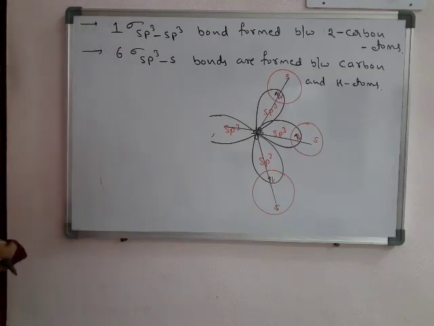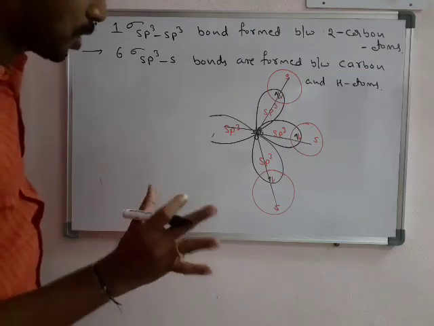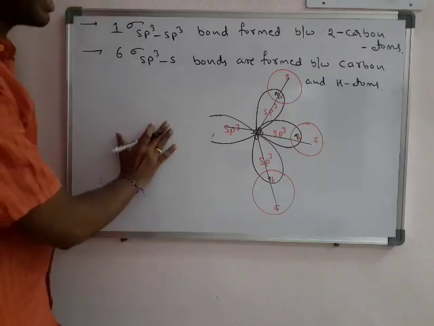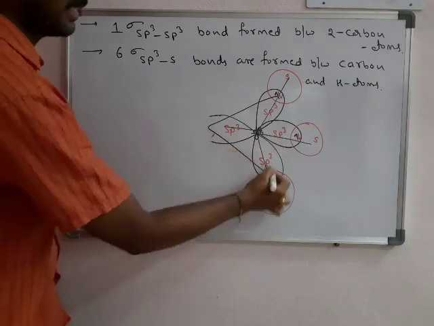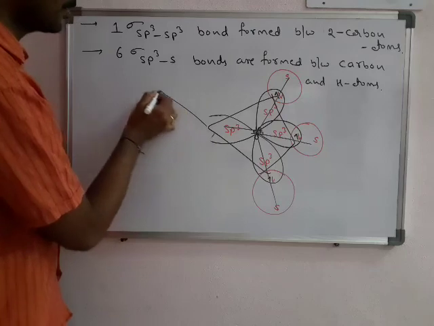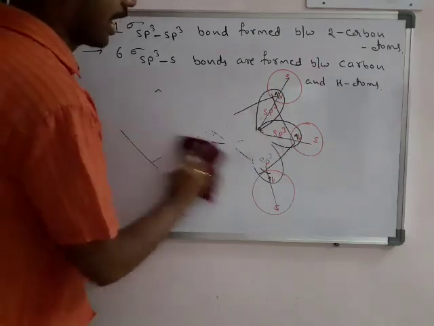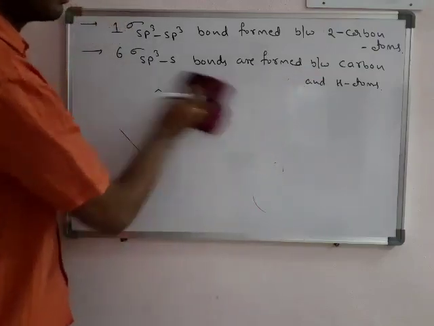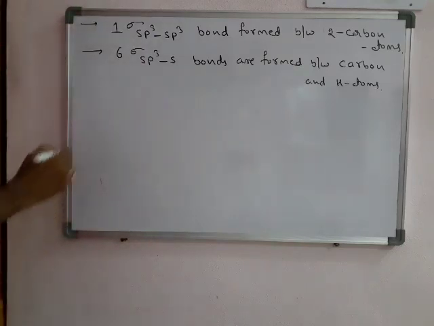Next, what is the bond angle? There are 4 sp3 hybrid orbitals, shaped tetrahedral. But here 2 carbons are differently hybridized, it is separate sp3 hybridization. So it is one tetrahedral, and totally the shape is tetrahedral. The bond angle is 109 degrees 28 minutes, there is no change.